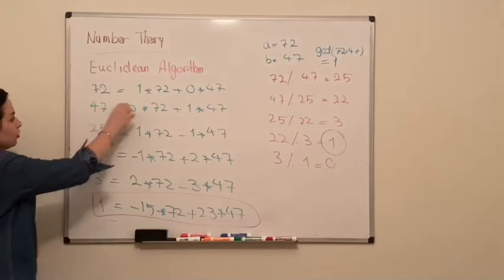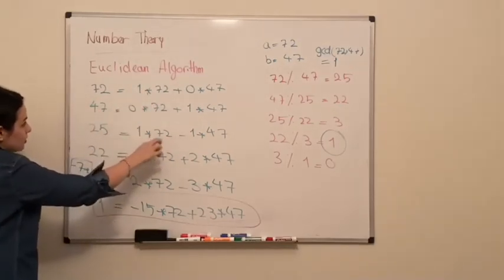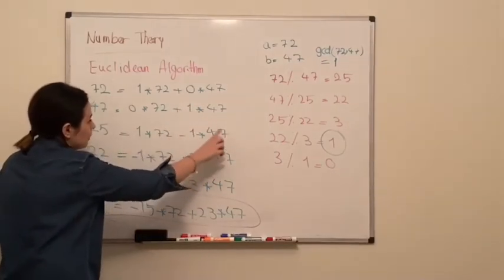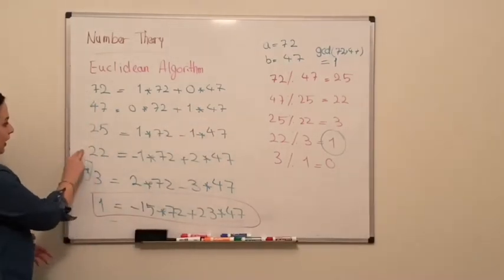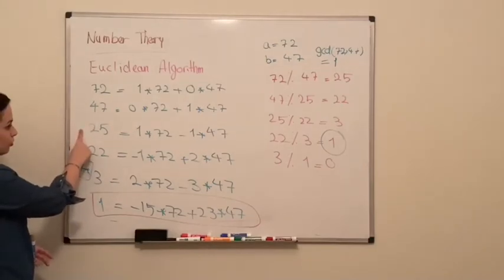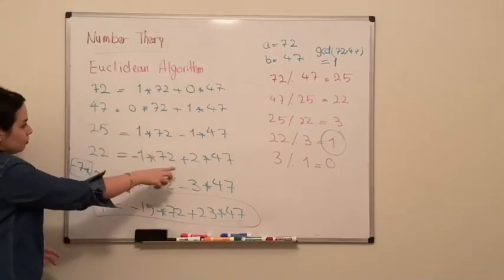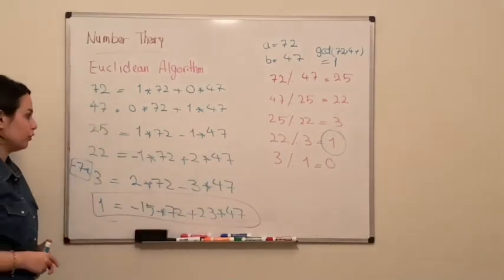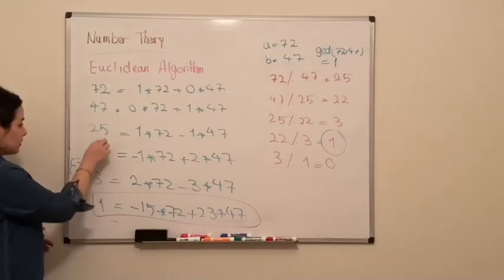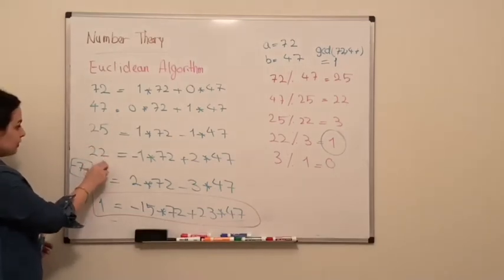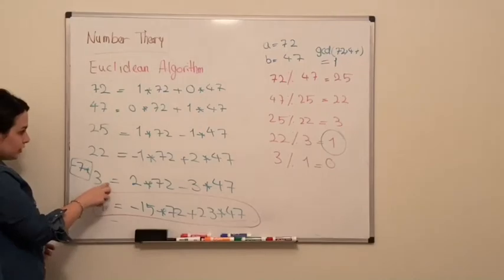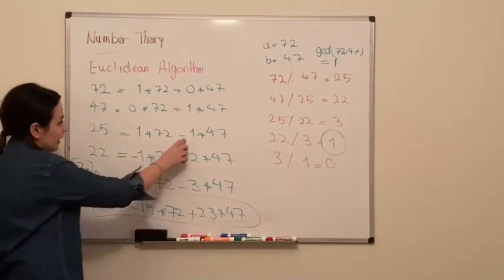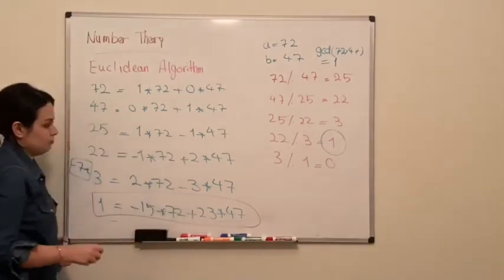The subtraction of these two gives 1 times 72 and 0 minus 1 times 47, and here the subtraction of these two gives negative 1 times 72, and 1 minus minus 1, which is plus 2 times 47. The subtraction of these two, 25 and 22, gives me 3, with 1 minus minus 1, which is 2, and minus 1 minus 2, which is minus 3.